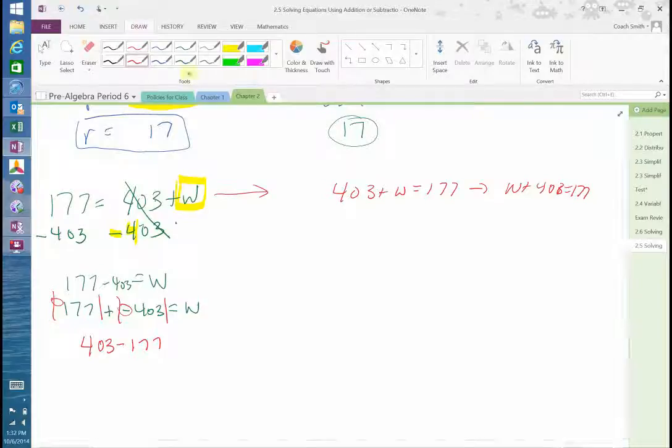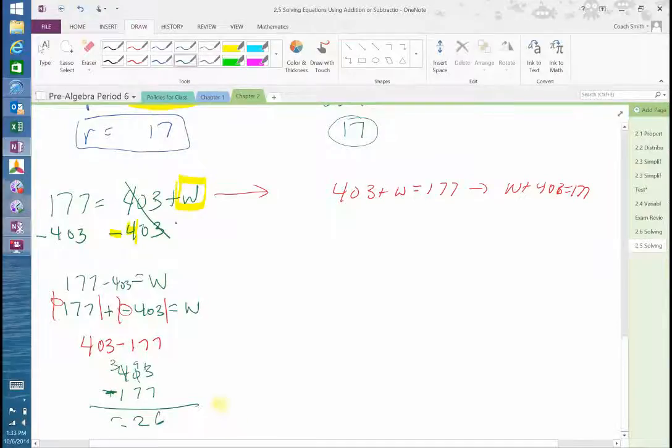Okay, when you take 403 minus 177. So that's just 403 minus that. Have to borrow from those two, making it 13, be 6. 9 minus 7 is 2. 3 minus 1 is 2. So 226.